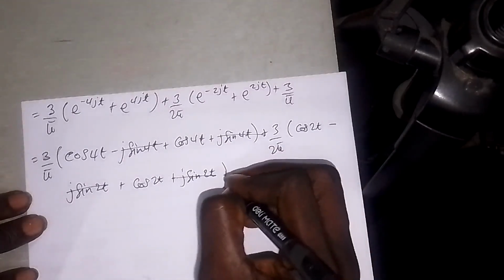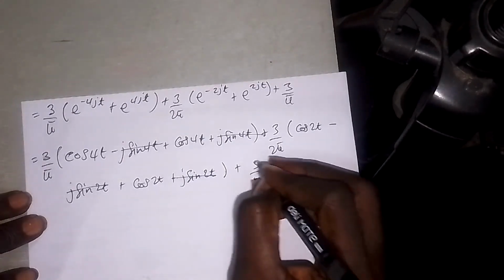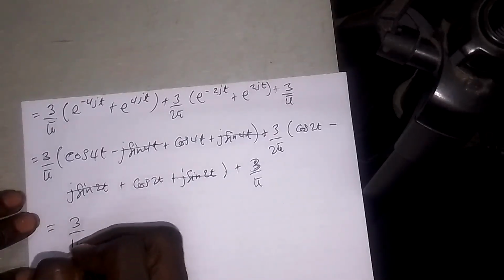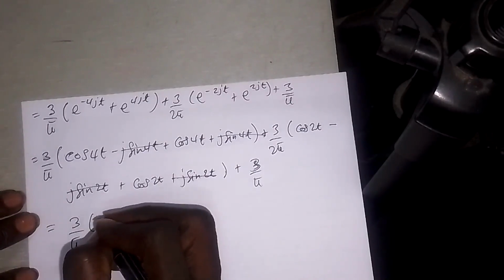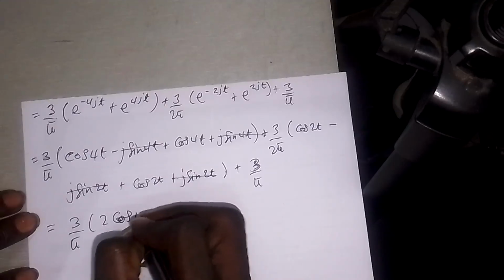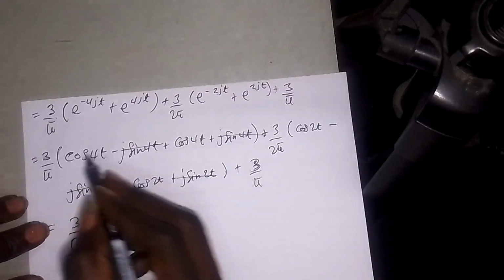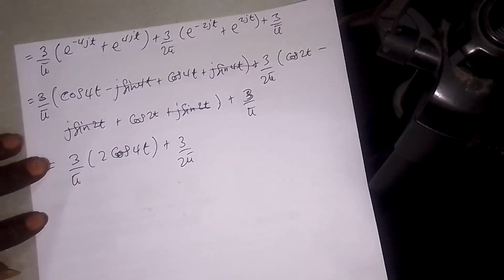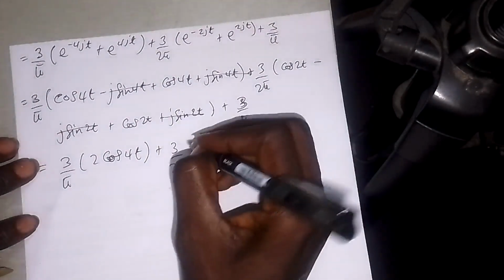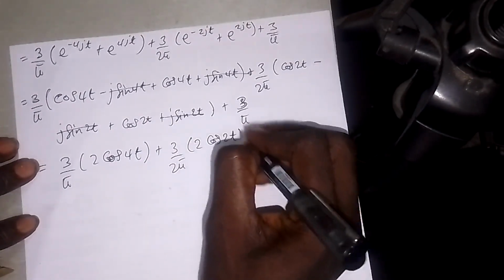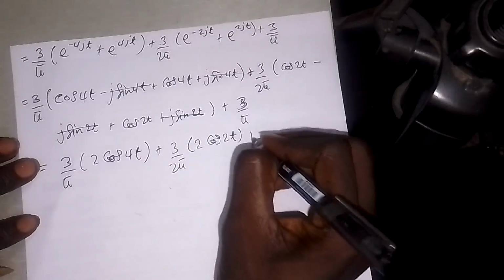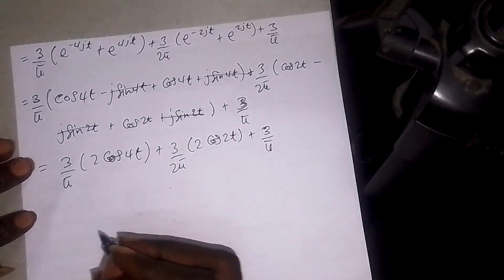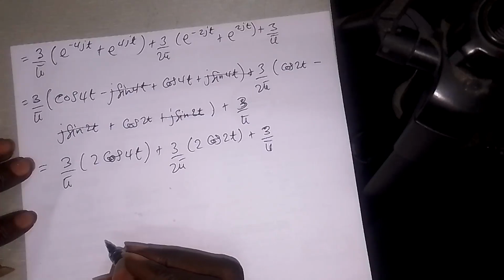Plus 3 on pi, this one. So from here I can have 3 on pi into 2 cos 4t, then 3 on 2 pi into 2 cos 2t, and then plus 3 on pi. Let me see what to do again.